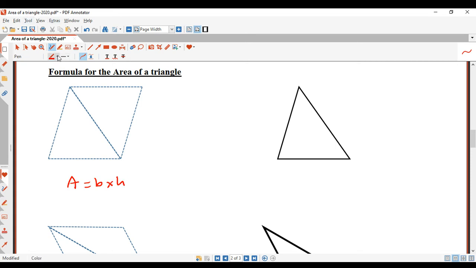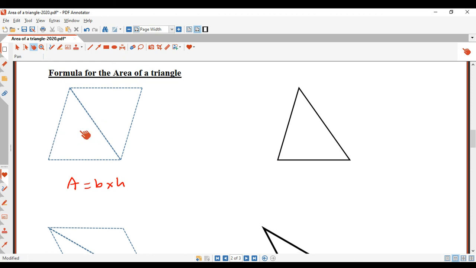Now, this parallelogram is made of two of these triangles over here, okay? So that parallelogram is made up of two of these. So there's this part and this part. They're both the same area, right?